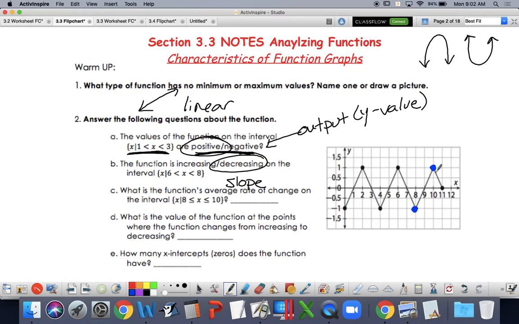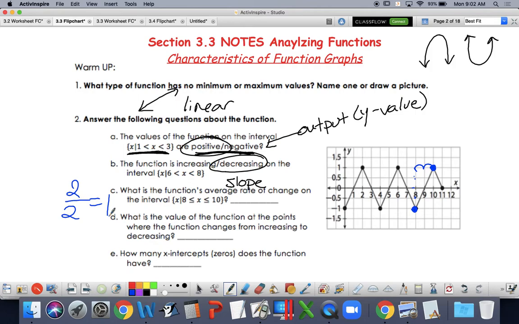Every tick mark is 1. But what are the tick marks on my y-axis? 0.5. So this is what an ACT question will do, right? Your axes will be of different units. So when I go up, it looks like I'm going up by 4. I'm really only going up 2. So I go up 2 and to the right 2. So 2 divided by 2 is just 1.